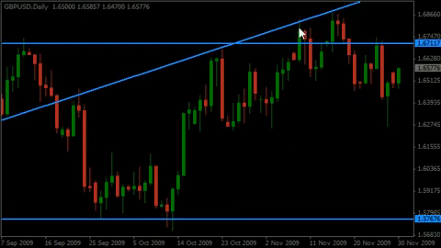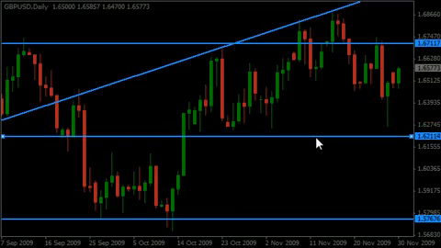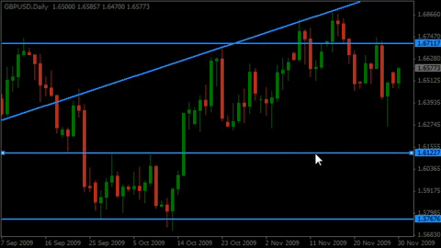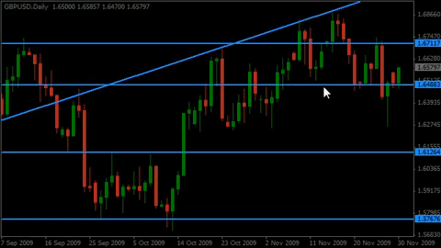We may have an opportunity to draw another horizontal line once we're down into the daily. We've got a clear point here where more recently over the last few weeks we've got support, resistance, resistance. So this is a clear line of support and resistance to me. We might have another one somewhere in here.